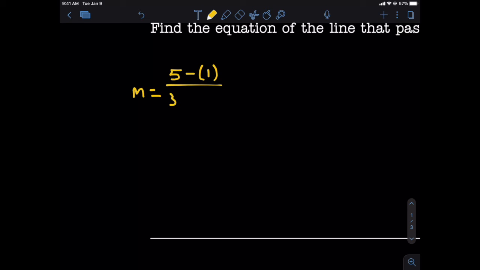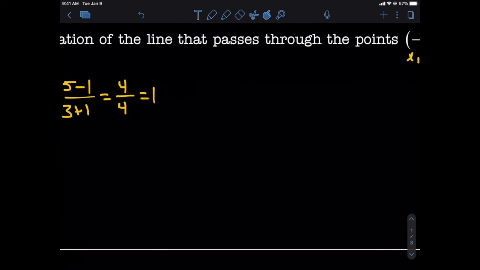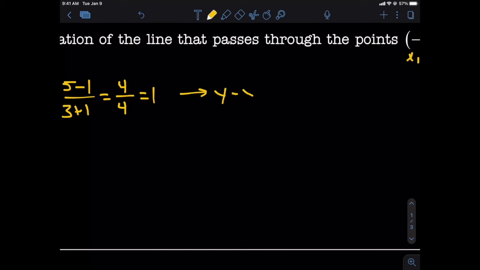My x2 value was 3, and then in parentheses, my x1 value was negative 1. This is going to help us avoid our sign errors. We get 5 minus 1 over 3 plus 1. 2 minuses is a plus. And then I end up getting 4 over 4, which is the same as positive 1. That's pretty nice for us. It's certainly going to make our arithmetic a lot easier here in just a second.